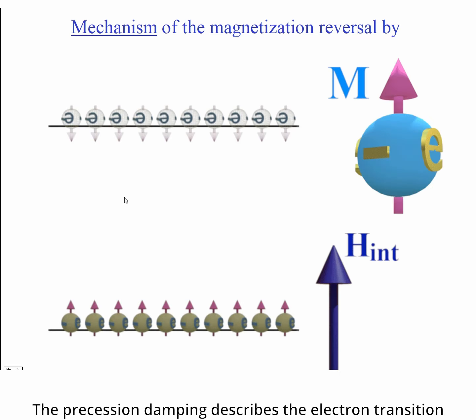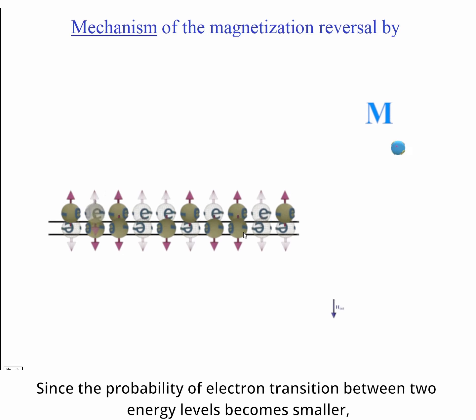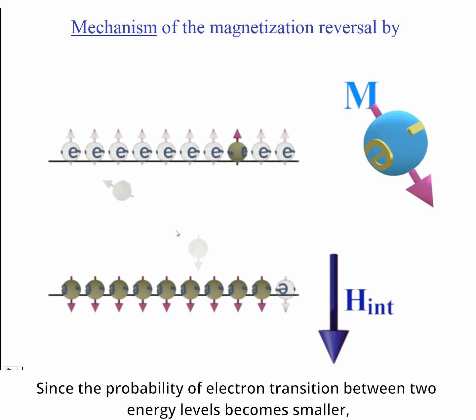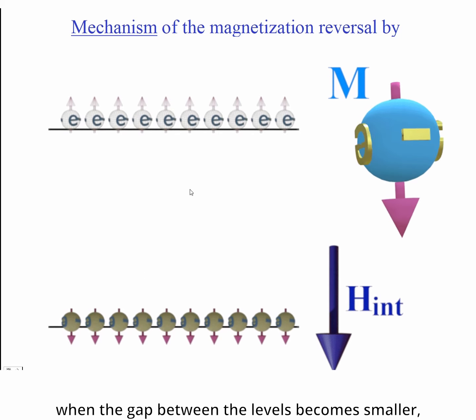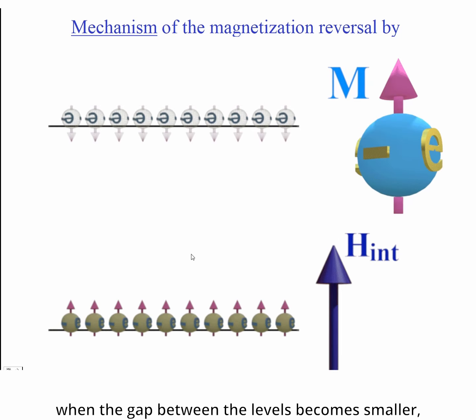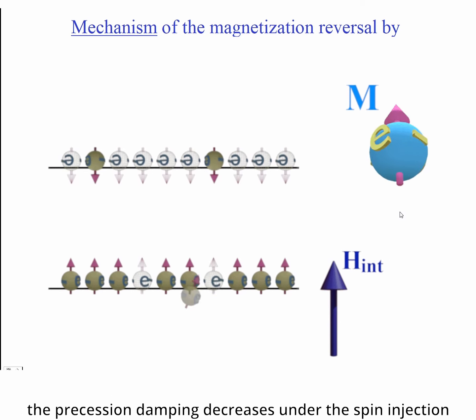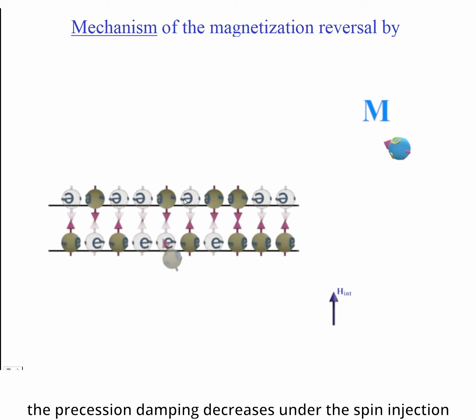The precession damping describes the electron transition from upper to lower energy level. Since the probability of electron transition between two energy levels becomes smaller when the gap between the levels becomes smaller, the precession damping decreases under the spin injection.